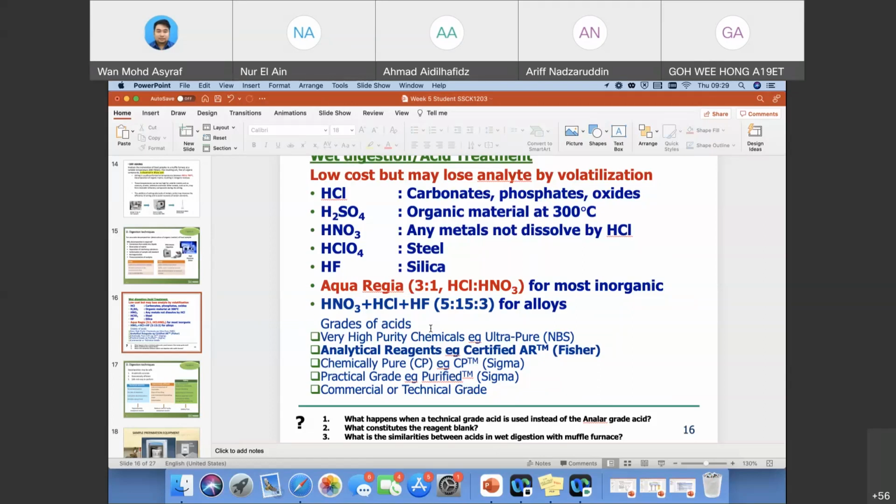Okay, but if the acid is at low purity, then you might have other interferences in the acid. So when you have interferences in the acid, when you put it inside your sample, then it will introduce new interferences for your analysis later on. So that's why we said that your acids must be at high purity. All right. Okay.